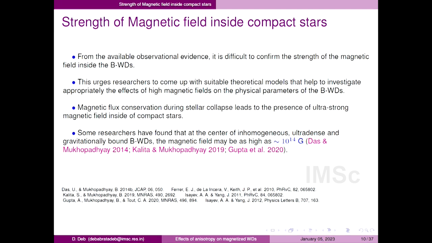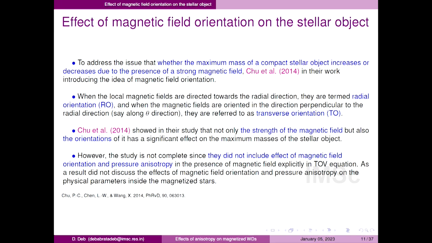It is difficult from observation to tell what the magnetic field inside the star is, so it requires a theoretical model to tell the strength of the magnetic field and how it affects the physical parameters of the star. Again, it can be found that the magnetic field inside the white dwarf can be as high as 10 to the power 14 Gauss, as shown by these researchers. So now it can be seen that Chu et al.